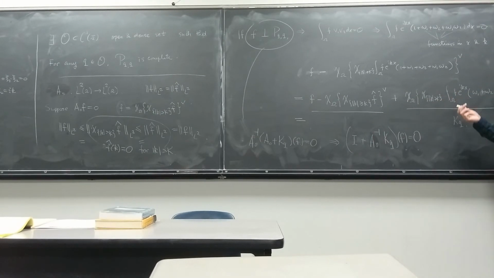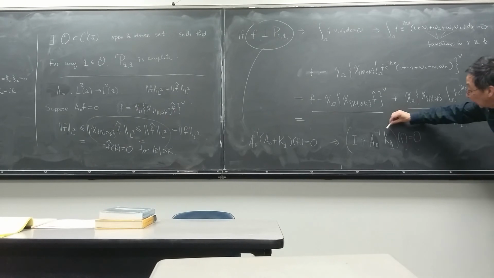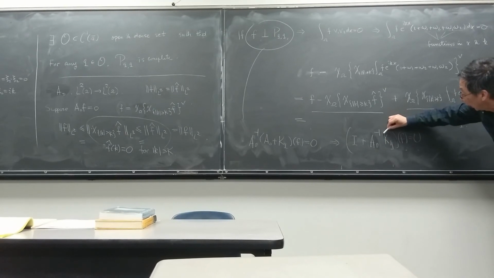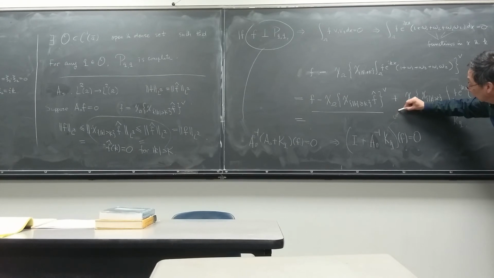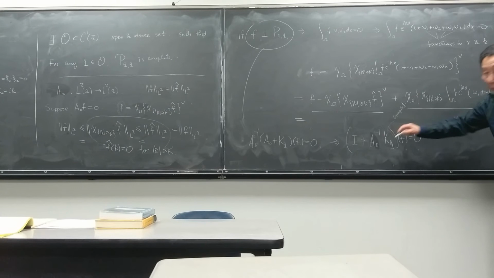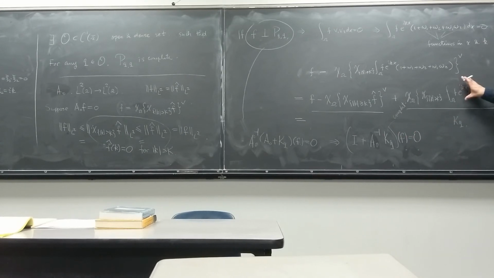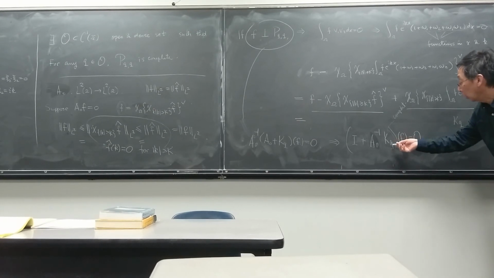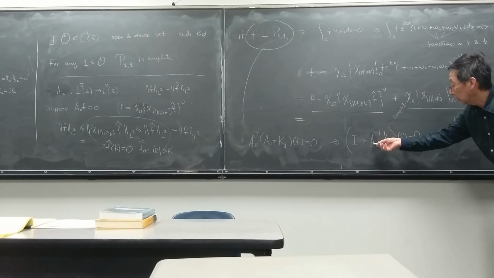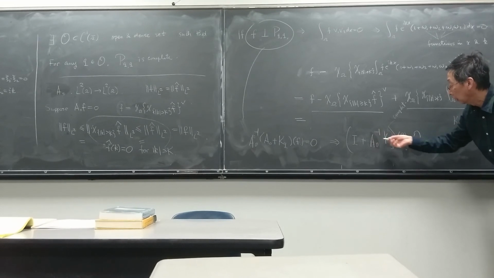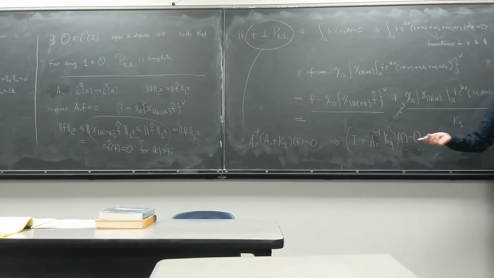And then next, we're again going to skip a lot of detail. We're showing that KQ itself is compact. The KQ map is defined by the remainder here. It's compact. Now, if KQ is compact, then combined with A naught inverse, which is a bounded map, the combination will still be compact.